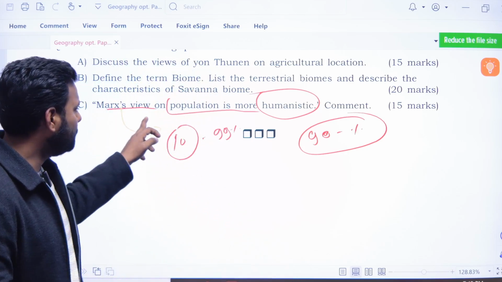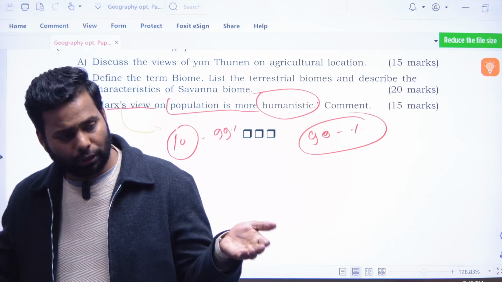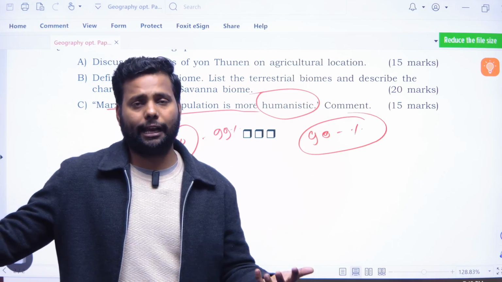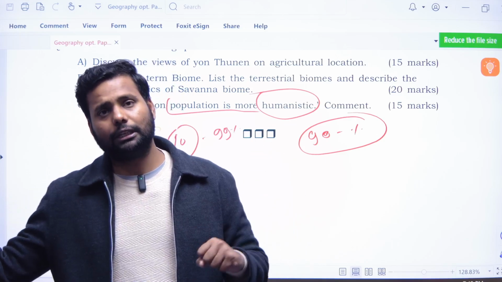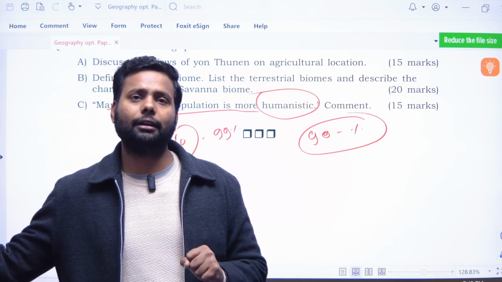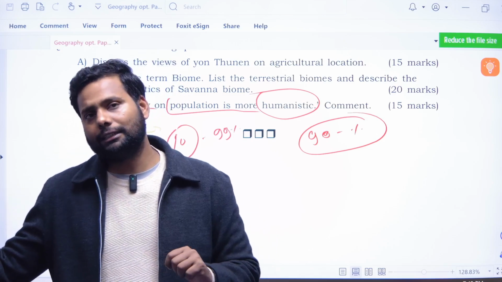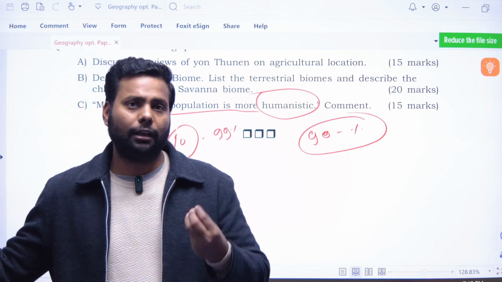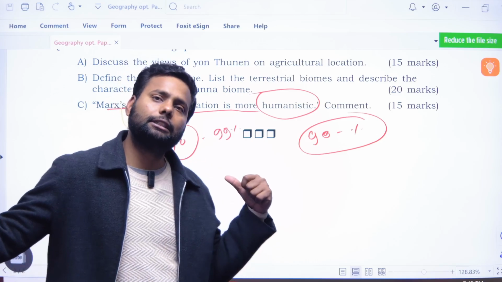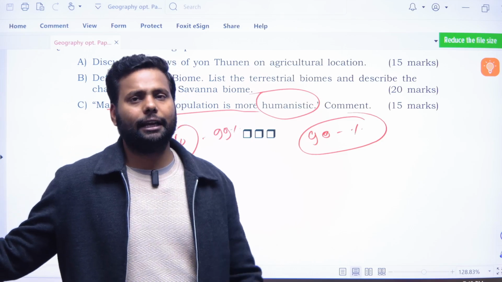And Marx's view on population is more humanistic because Marx says that the labor class should have more resources, more occupancy of resources, as compared to the capitalists, because the capitalist class is a very small class in the context of population, and they acquire more resources. So you have to mention all these things in this manner.